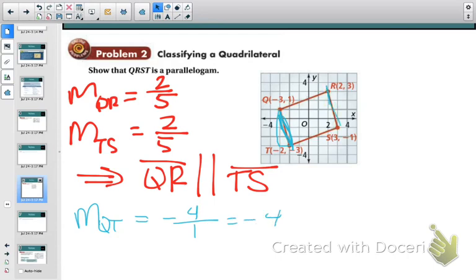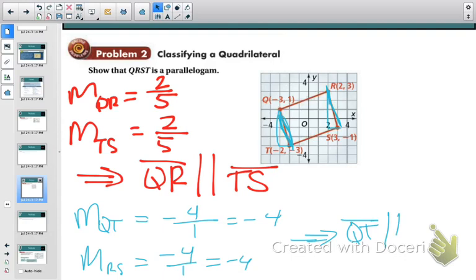Then I need to do the same thing from R to S. So the slope of RS, I go down 1, 2, 3, 4 over 1. So negative 4 over 1, which is negative 4. So that tells us that QT is parallel to RS. Okay, if the slopes are the same, that means our lines are parallel.